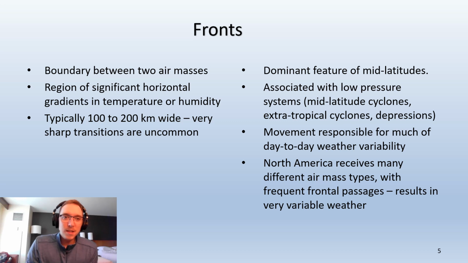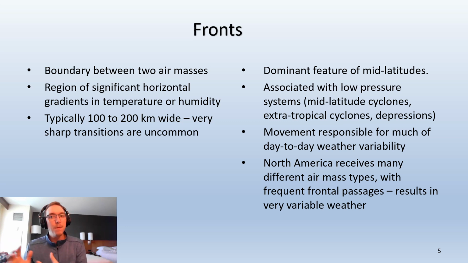So it basically just describes the boundary between two air masses. You've got a region of significant horizontal gradients in temperature or humidity. So if we think of it, we've got two separate parcels of air that are very different in one way, shape, or form, whether they're warm and moist air, cold or dry air, etc. So they're different.